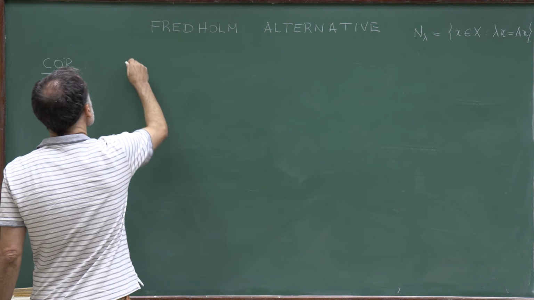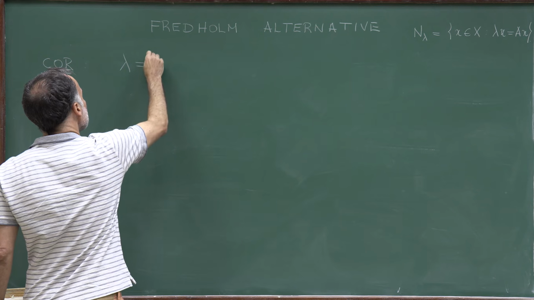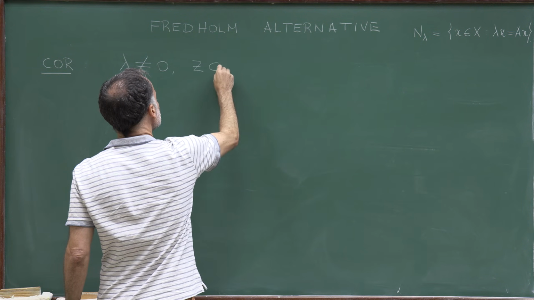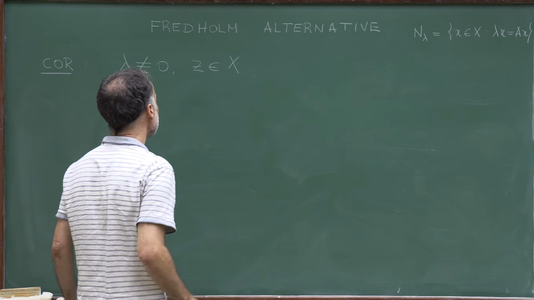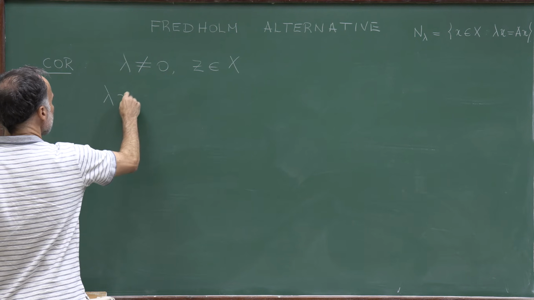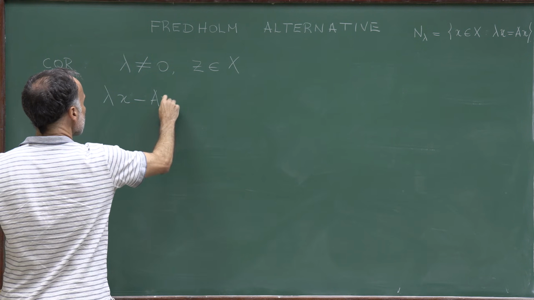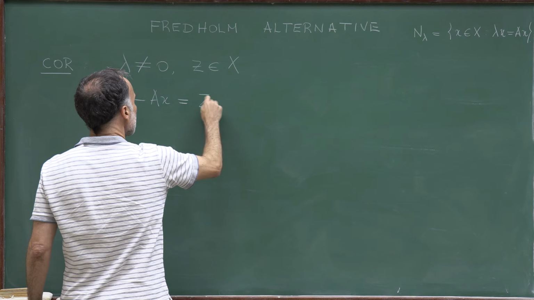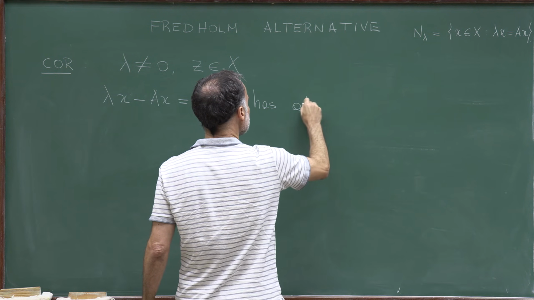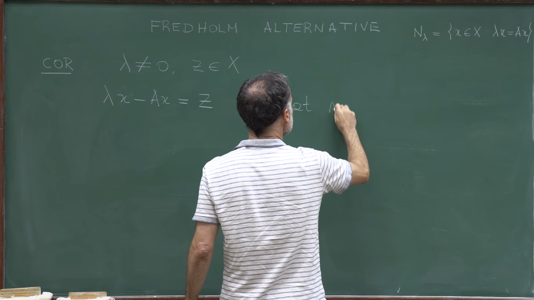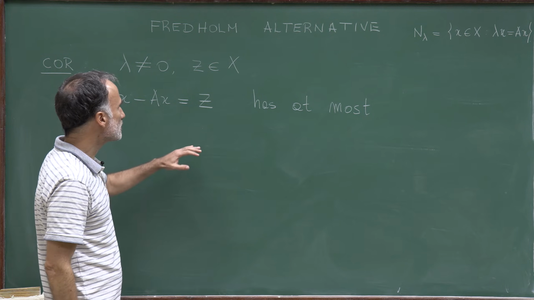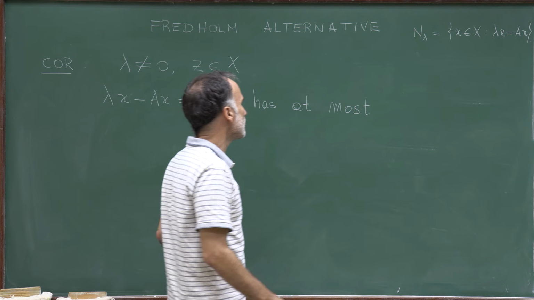So I'm taking here a λ different from 0 and a z in X. And let's suppose that λx - Ax = z has at most one solution. Can't have two or more. I'm not saying that it has one, but what I'm saying is that if it has, it's unique.